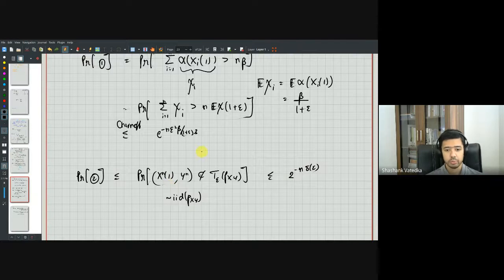But the probability that a random pair of IID pxy sequences is not in the typical set vanishes as 2 to the minus n times some constant times epsilon squared.